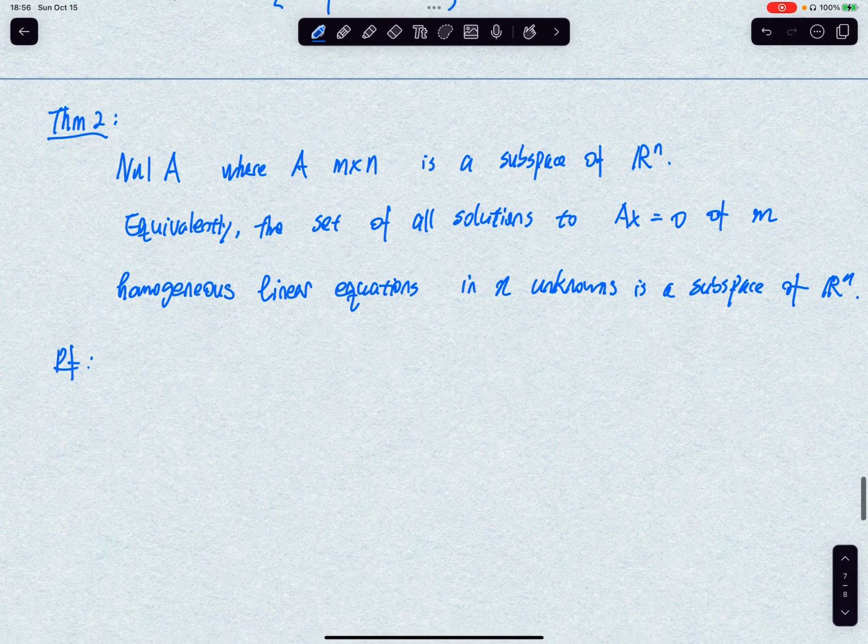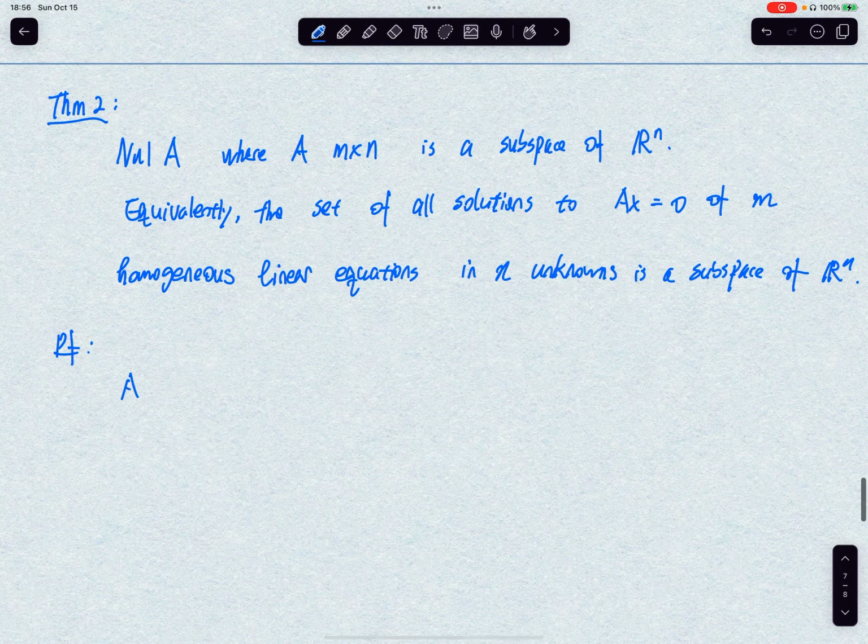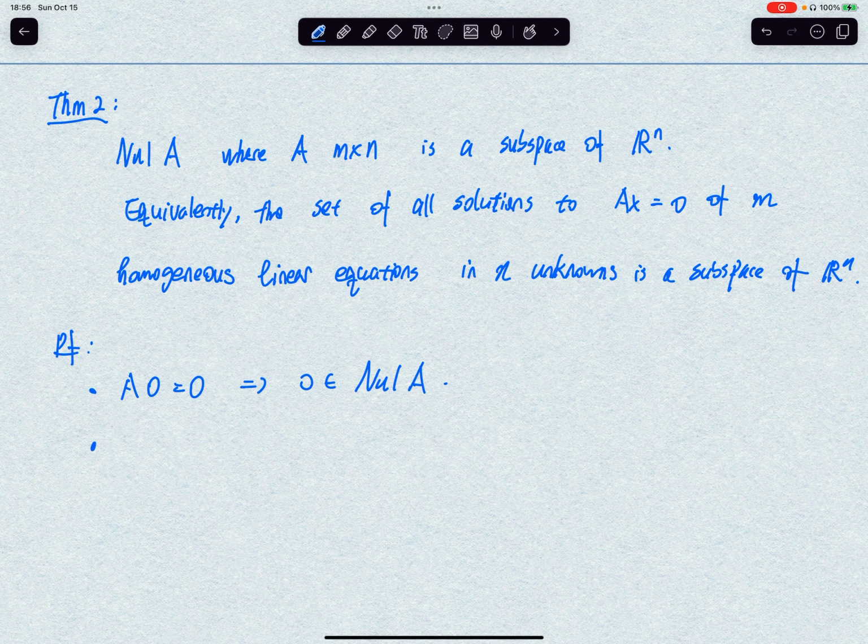So first of all, since A0 equals 0, we have 0 lies in the null space of A. So that is trivial. And now let us take u and v living in the null space of A. So since they live in the null space of A, we have Au equals 0 equals Av.